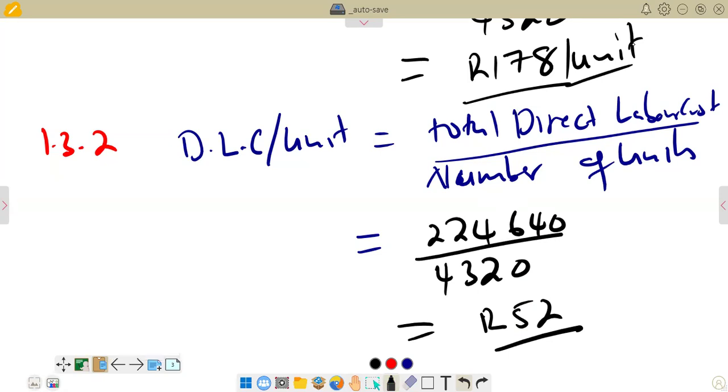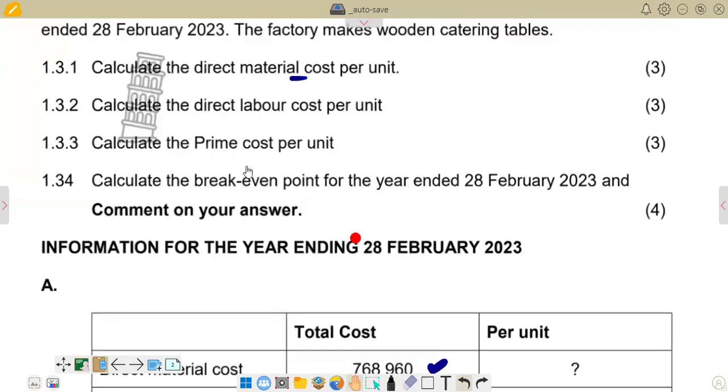Let's see the next question. It says calculate the prime cost per unit, 1.3.3. Remember, we are also going to say total prime cost divided by number of units, but we know that prime cost is equal to direct material plus direct labor.